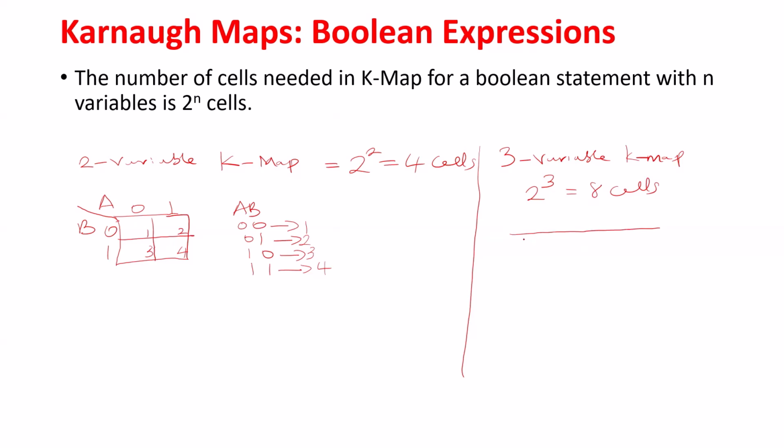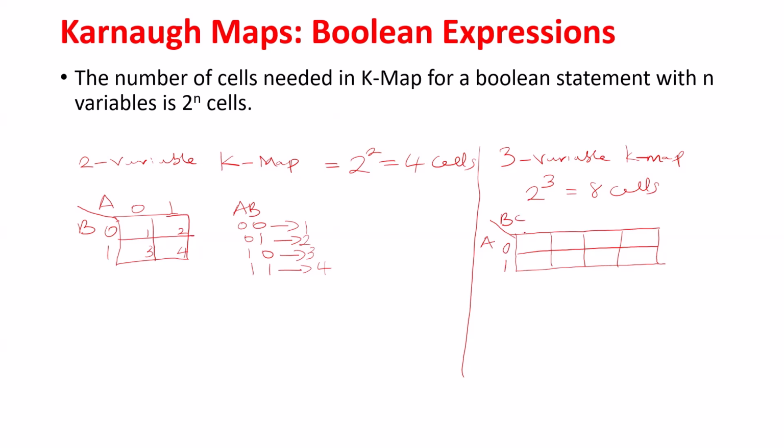Let's say this is our A, and we have BC here. So we can see that we have 8 cells. For A, we take 0 and 1.